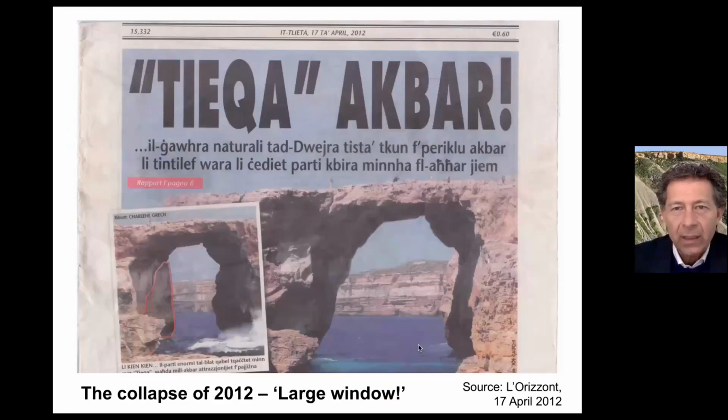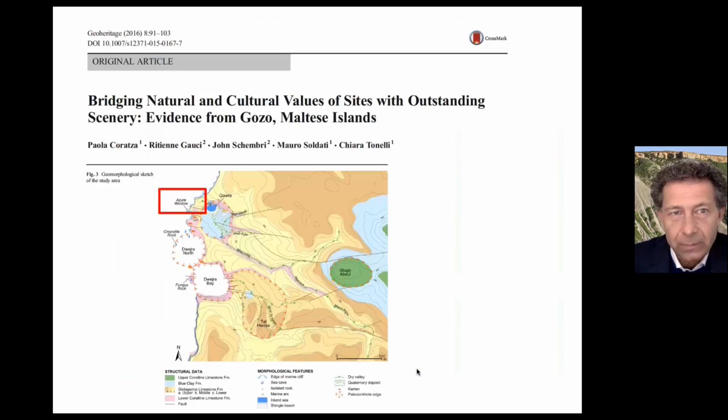There was of course quite remarkable emphasis in newspapers back in 2012 when the window was enlarged, as this newspaper was mentioning, and also afterwards. This case was mentioned not only in Maltese newspapers and media, but also all around the world.